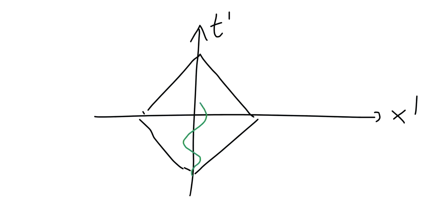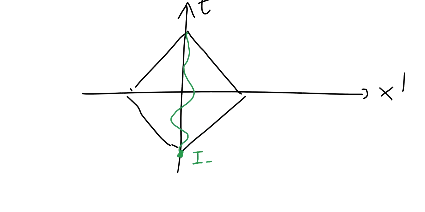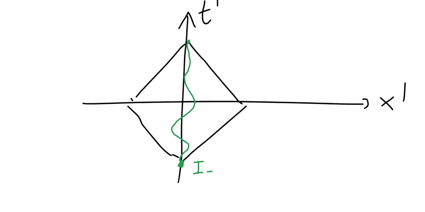And this point is called I minus, the past time-like infinity. This point is called I plus, the future time-like infinity. And so you would have to be eternal to come from I minus and to go to I plus.